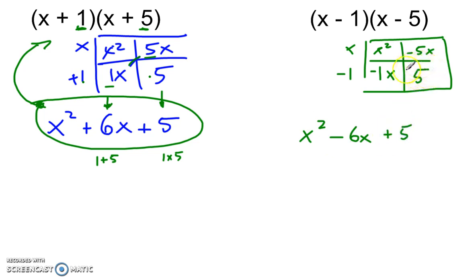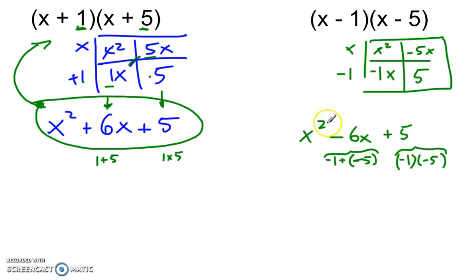Notice the 5 is still positive because we're doing a negative times a negative. Again, we added negative 1 plus negative 5 to give me the middle term, and then we multiplied negative 1 times negative 5 to get this last term.